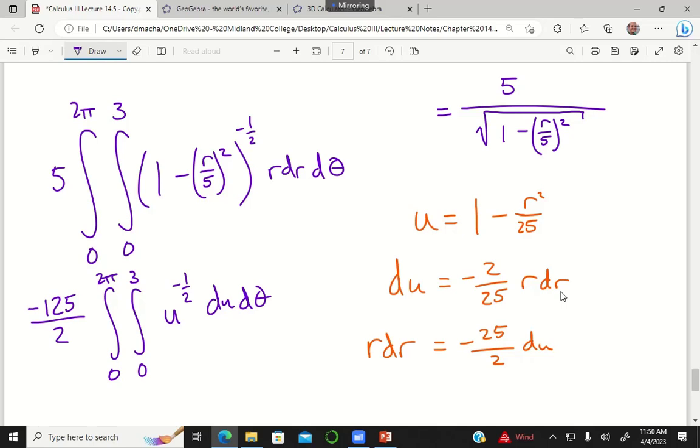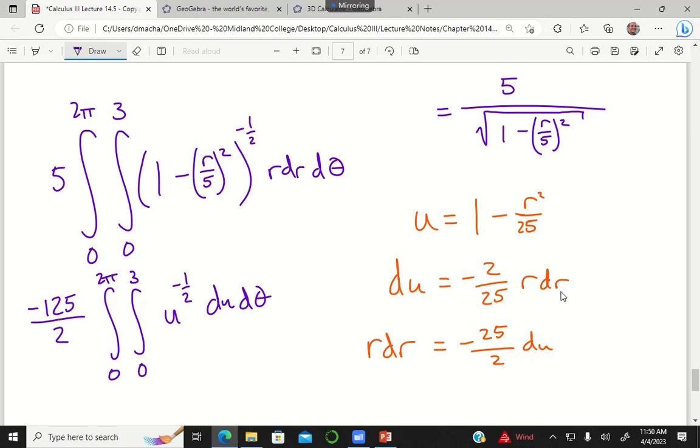All right. That's a good place to stop because now we just have to use antiderivative power rule to get rid of that middle integral.